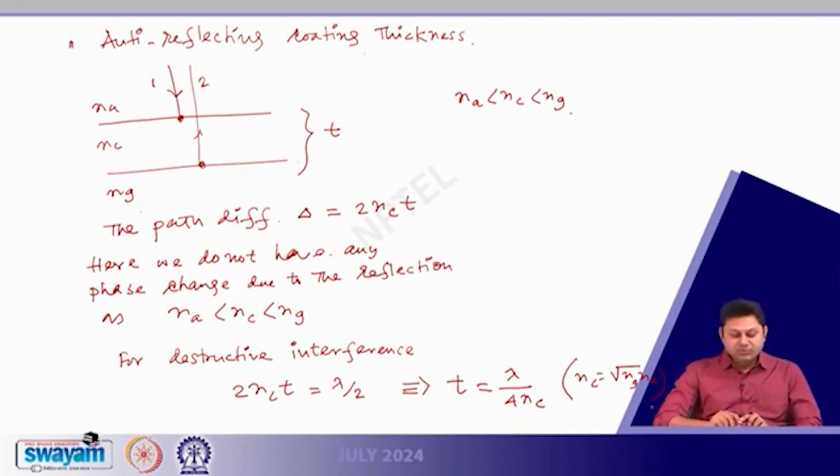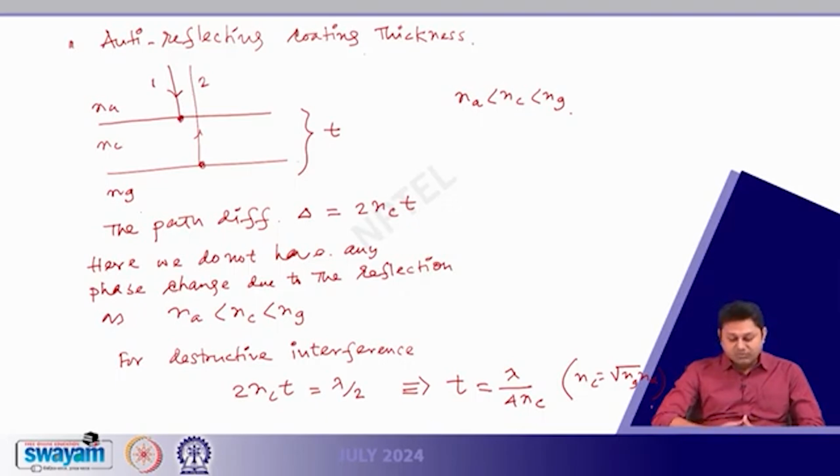Then what we do is put an anti-reflecting coating in such a way that for a particular wavelength, these rays will no longer be reflected because they will interfere in a destructive manner.